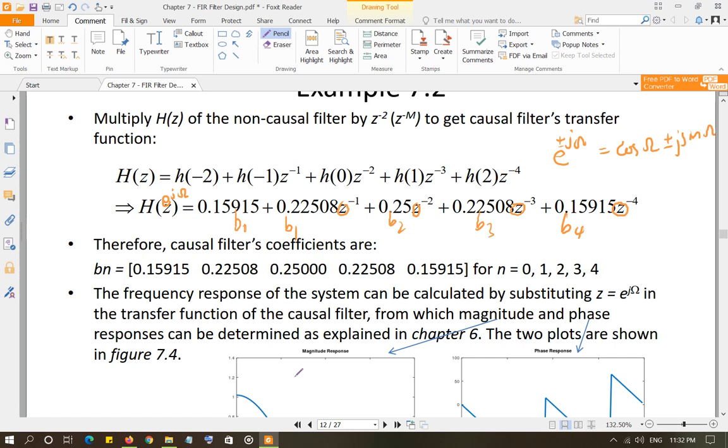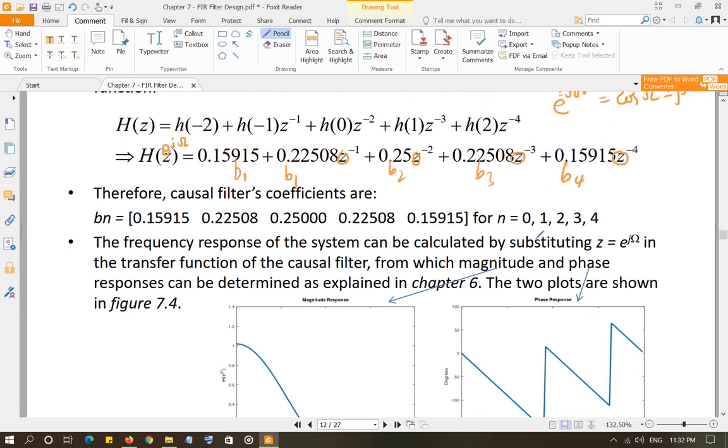And when you have to take the phase of that, then arctan of imaginary part without j divided by real part. So if I ask you once again to show me the response equation, magnitude and phase, you have to first convert this using the Euler's identity, and then show me those responses as we discussed in chapter number 6. I'm not showing you over here, but again, if I ask you, then you have to show me that.